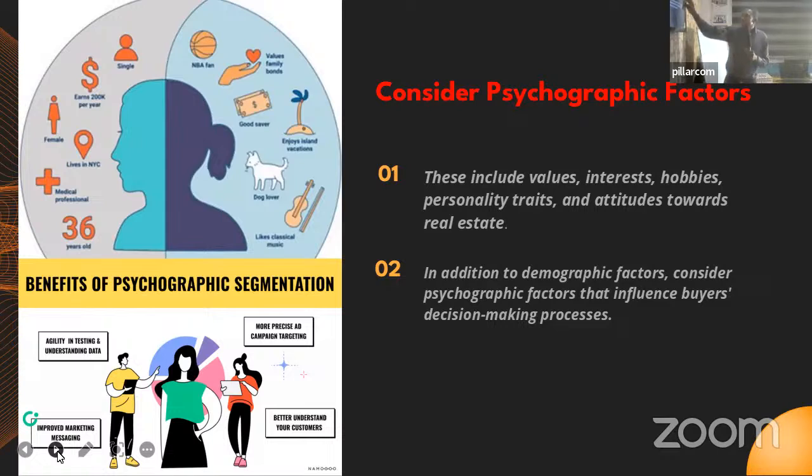Now, this includes their values, their interest, their hobby, their personality traits, their attitude towards real estate. These are the things that we can deal with. Okay?